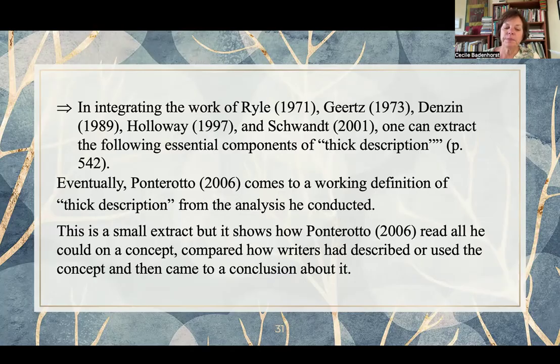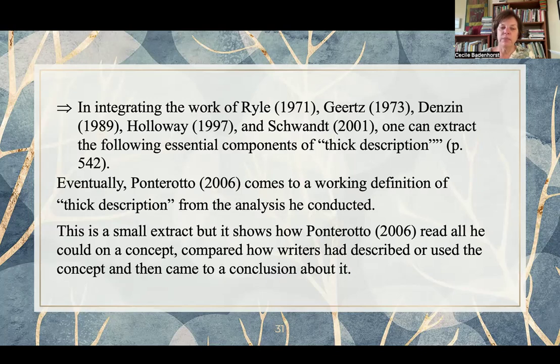But I just wanted to give you some ideas of not only organizing, but it doesn't necessarily have to always be one against the other, but you can also look for consistencies and commonalities. But perhaps then coming to an argument about what would be the essential components or a working definition.